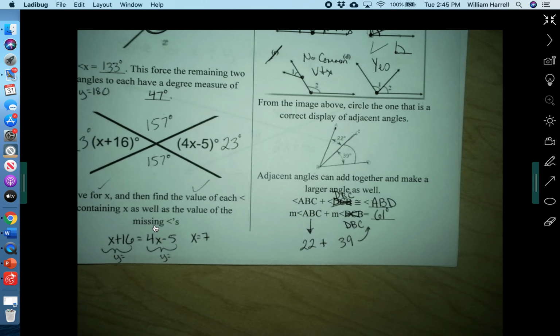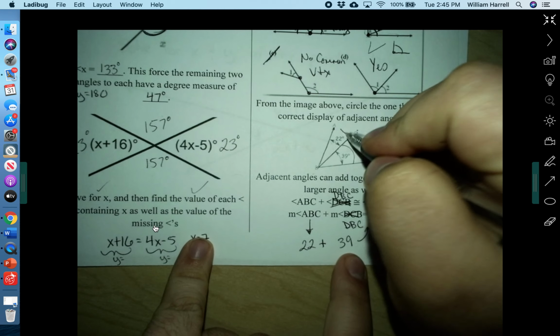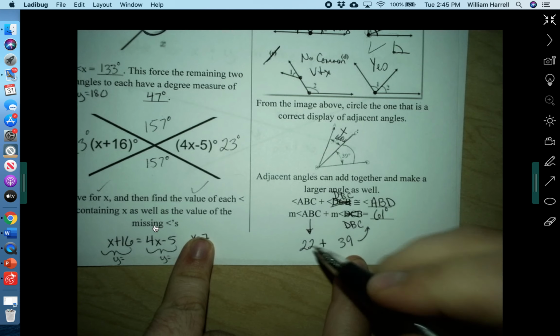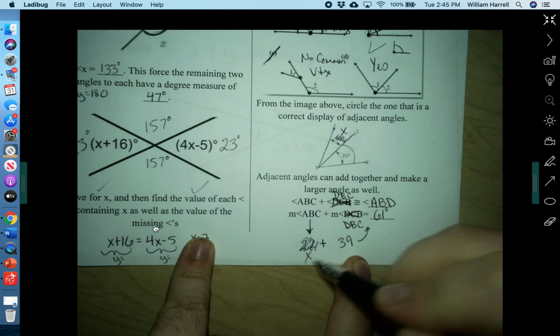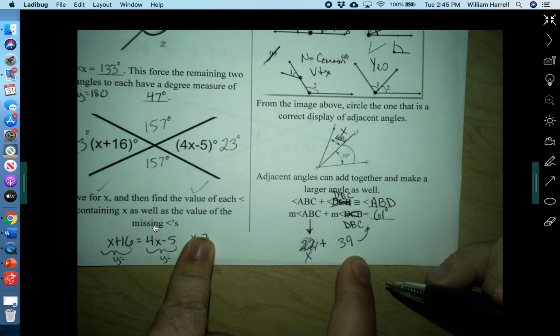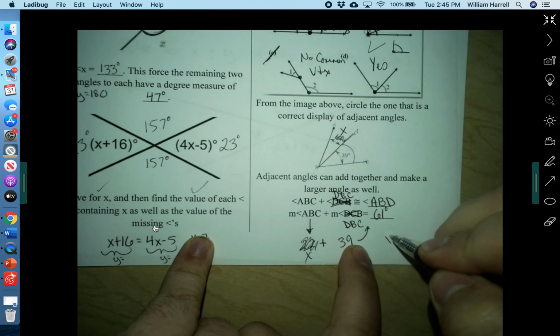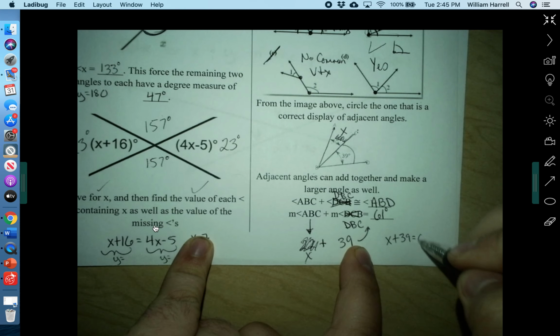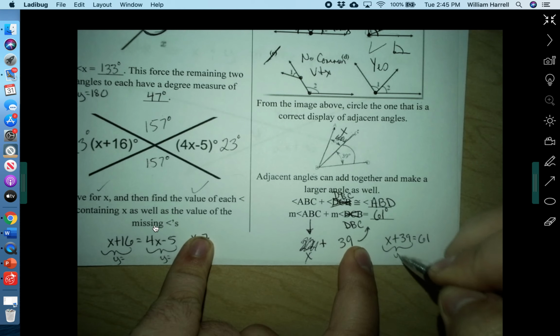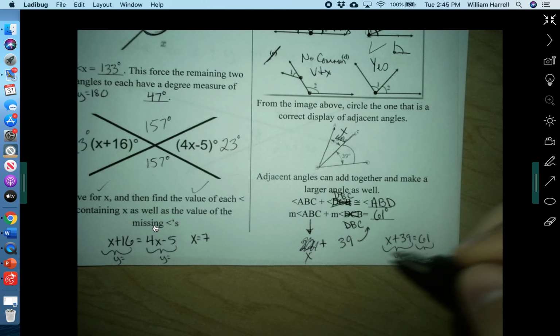Okay. And then again, if this was x and we pretend we didn't know it, x plus 39 equals 61. From here, if we do our system, y equals, it would wind up being back to 22.